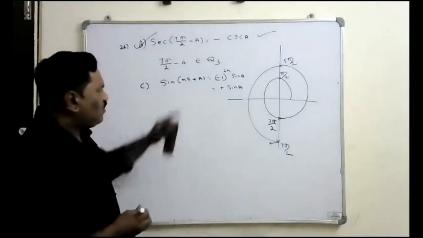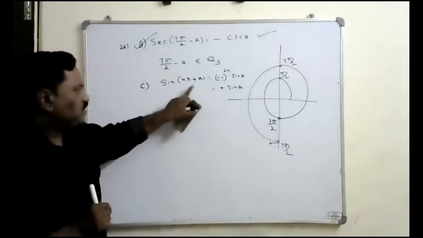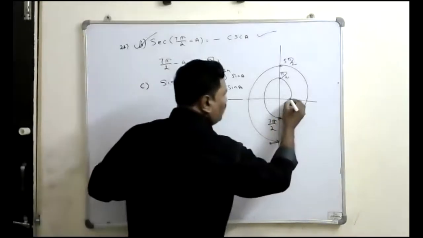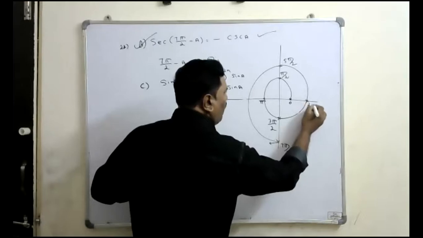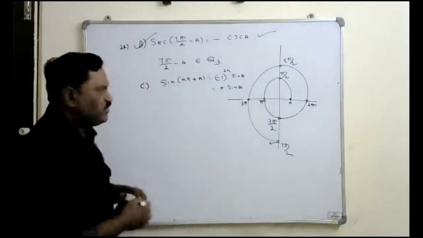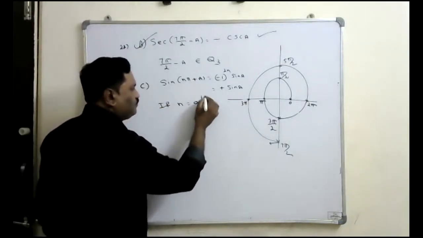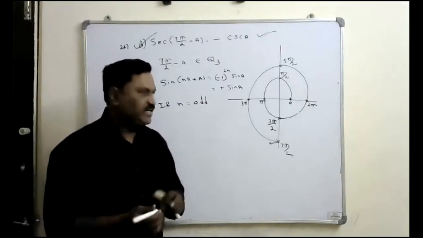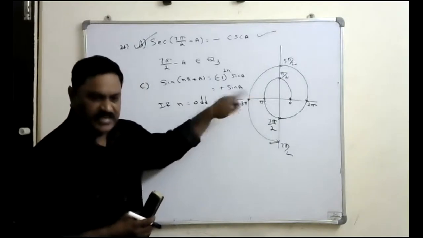But what about the n pi plus a? In which quadrant does it lie? Suppose n is an odd number, because we know this is 0 degree, this is angle pi, this is angle 2 pi, this is angle 3 pi, etc. If n is odd, that is n equals 1, 3, 5, etc., then 1 into pi, 3 into pi lie on the negative x-axis.